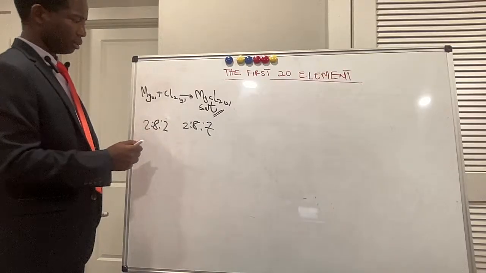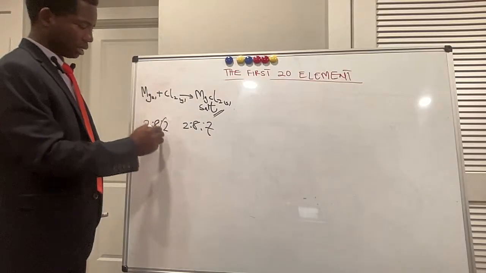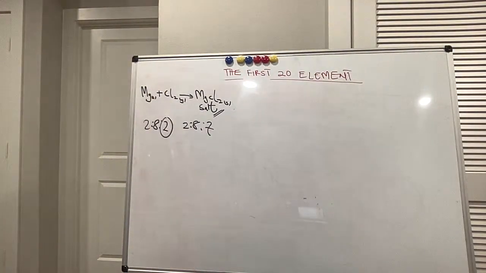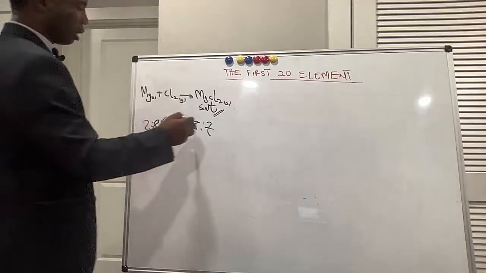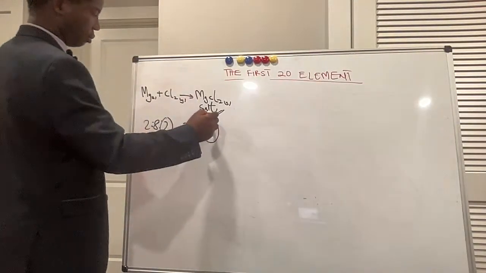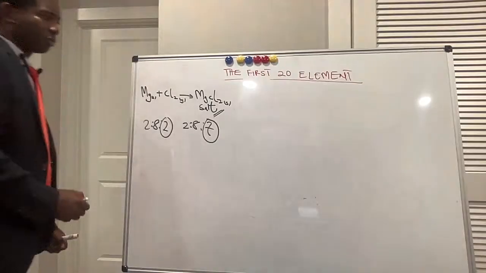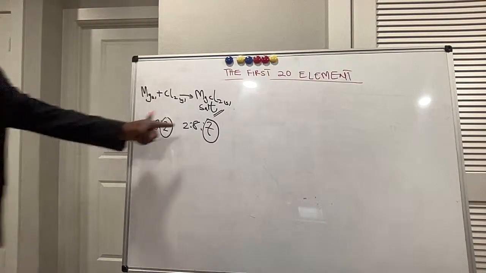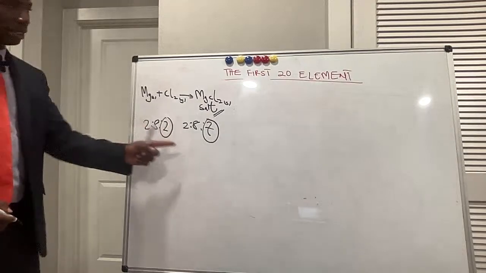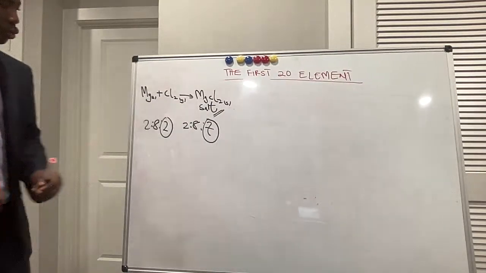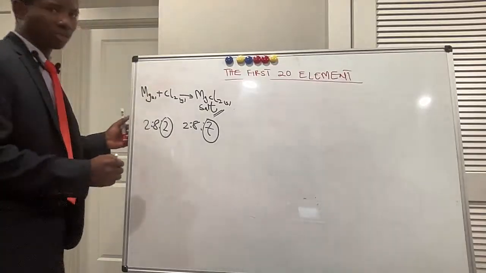You can see this is the outermost electron, and this is the outermost electron. But we should not forget, in this case, chlorine is 2. So let's proceed gradually.